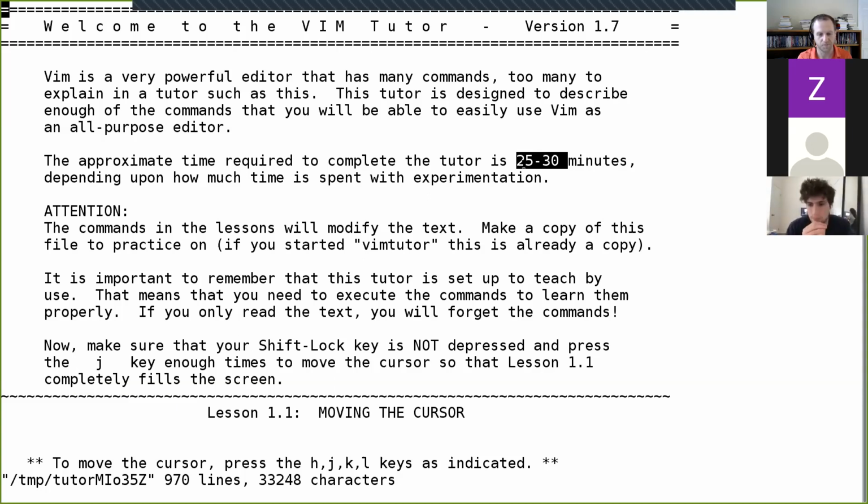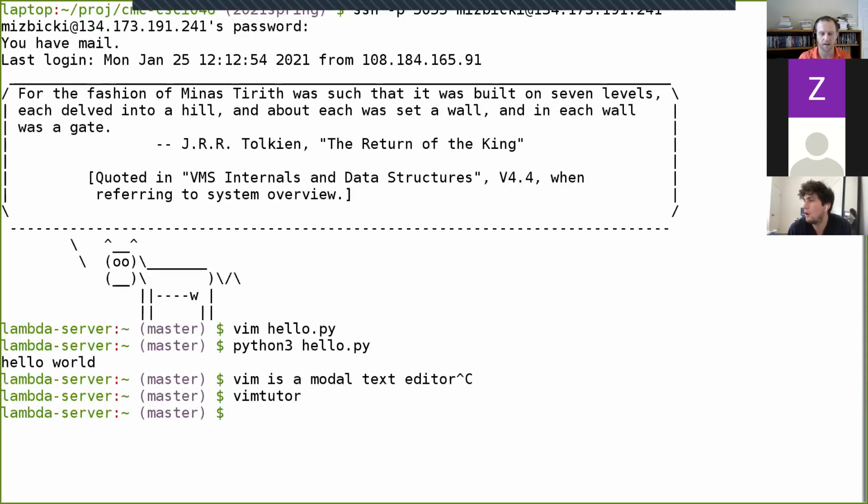To exit Vim, there are three buttons to press: escape, colon, and then Q. On my screen, I'm pressing escape. You can't see that, but I just pressed it. Now I'm pressing the colon button, and you can see the colon appeared in the bottom left. Now I'm typing Q, standing for quit, and then hit enter, and that's how you exit Vim.